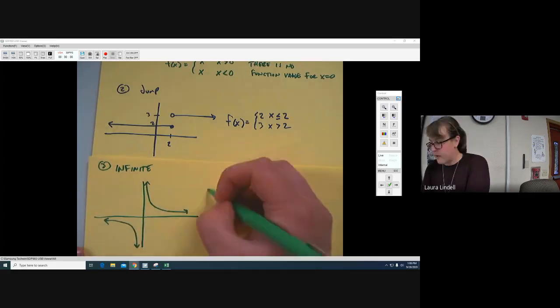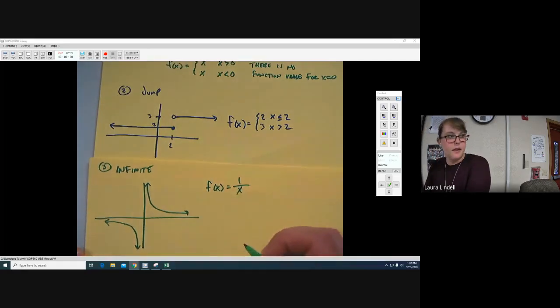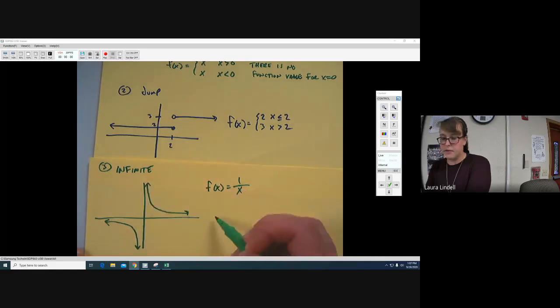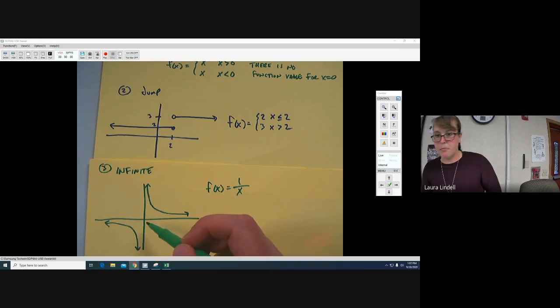So it could be the function f of x equals 1 over x or something like that. So if I was tracing out this function, in order to get to the other part, I'd have to pick up my pencil to do so. There's an infinite discontinuity there. Anytime you see a discontinuity brought on by an asymptote, that's an infinite discontinuity.